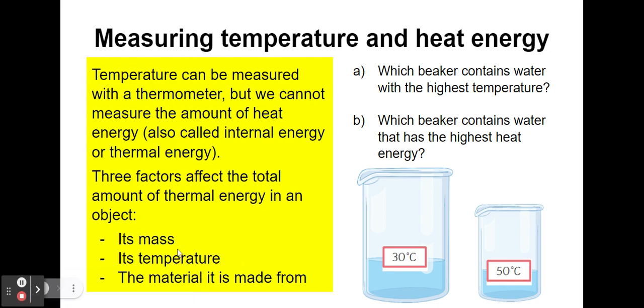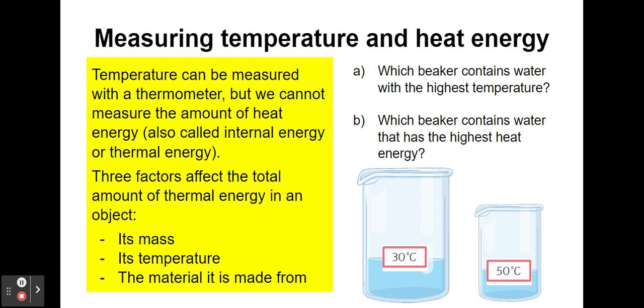The bigger something is, the more thermal energy it's able to store, so that's going to change the amount of internal energy. The material it's made from, well, we're probably aware of how different materials heat up faster than others, so that's definitely going to have an impact.